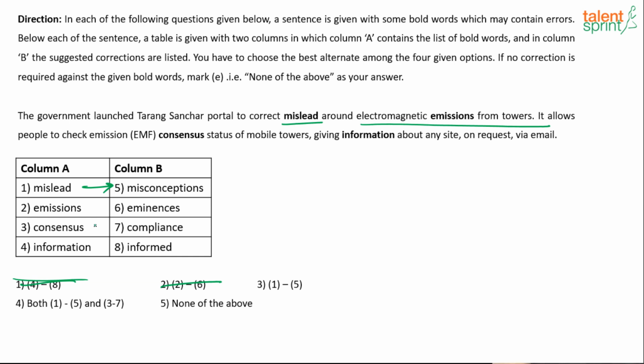It should not be consensus, we are talking about compliance. So it should be compliance instead of consensus. So 3 has to also be changed to 7. Alright, 4 is the right answer.